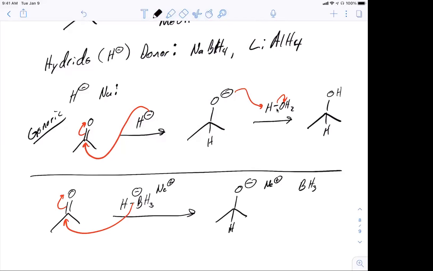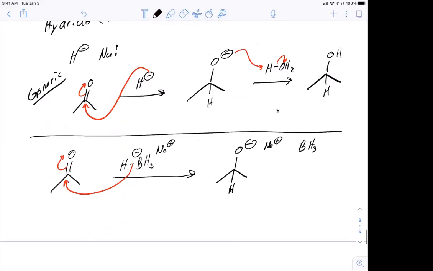Now the hydrogen is going to add to one of the two planes. This is a planar molecule, so we're going from sp2 to sp3. Therefore, there's no real stereoselectivity here because it can attack either the front face or the back face. So I show it going down, but it's actually either the front face or the back face of this group.